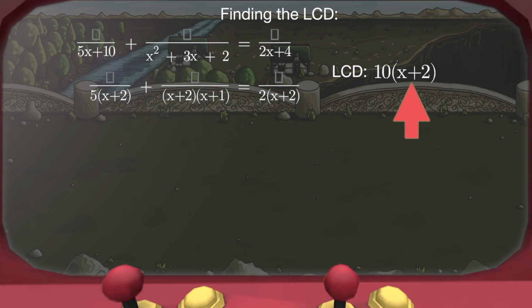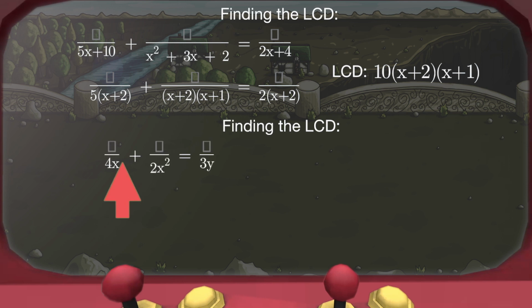It's already there, so I don't include it again. There's an x plus 1. It's not in the LCD yet, so I'm going to include it now. This 2, we already looked at when we looked at the number values, and now we look at the bracket again, x plus 2, and it's already there, so we don't include it again, and that is our lowest common divider for this example.